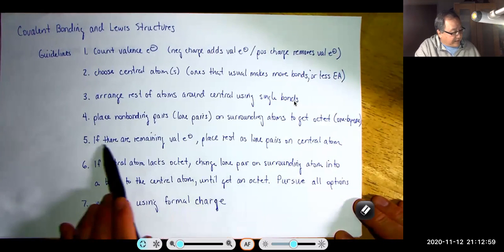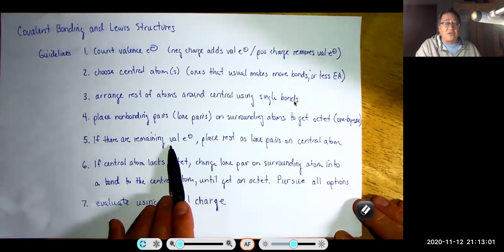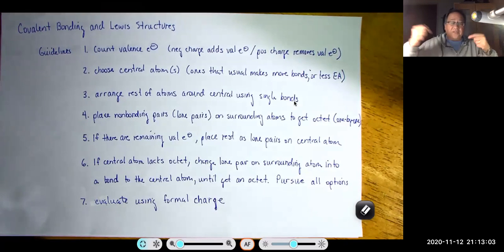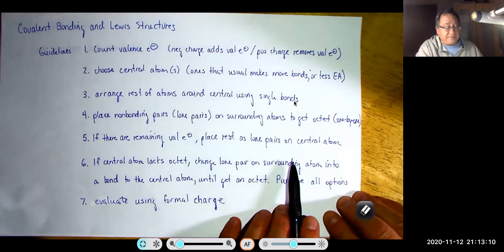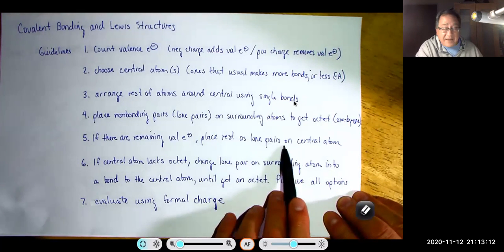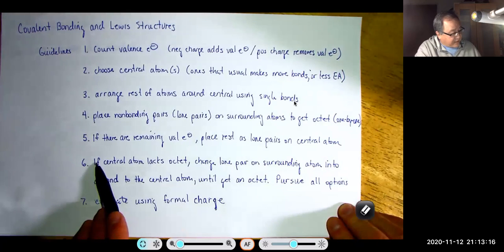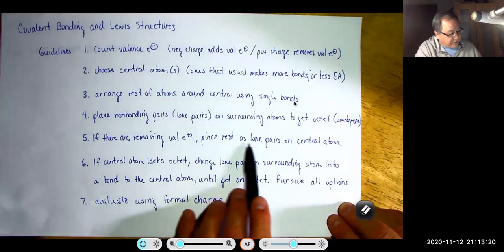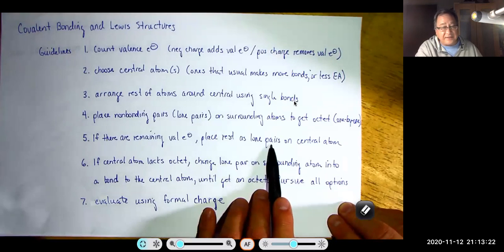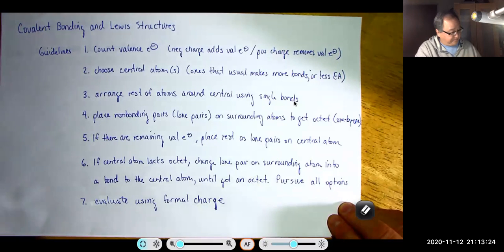If there are remaining valence electrons, you place all the rest on the central atom, all of them. Okay, even if you go more than an octet. So this is one of those places where you may end up with more than an octet. And you notice here, I don't tell you place the remaining electrons on your central atom until you get an octet. I just say place them all there.